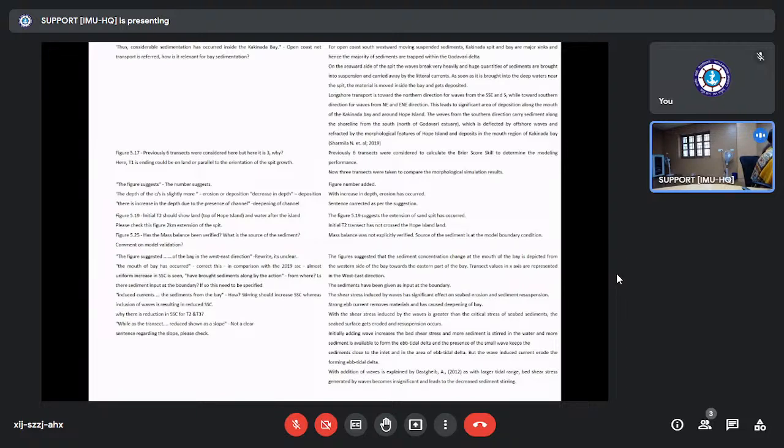Nearly about a decade period. Congrats. If you get a chance, what could be the next bay instead of Kakinada? Have any idea? Maybe we can study the Sundarban deltas, because the impact of cyclones is very much there, and Odisha also.